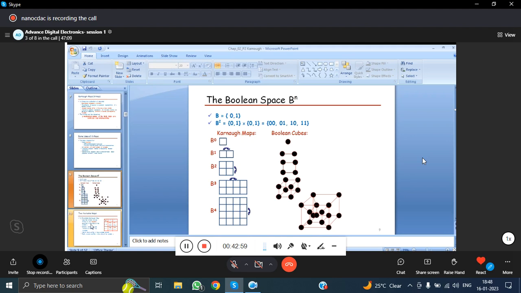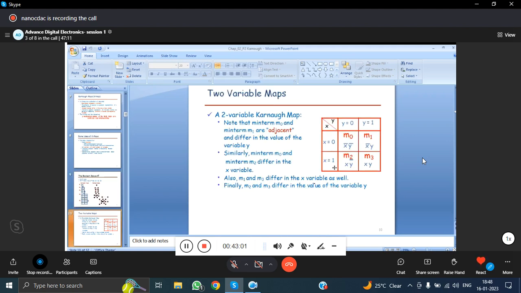Now if we see the 2 variable KMap, the min terms M0, M1, M2 and M3 are the min terms. Min terms M0 and M1 are adjacent to each other, but with different values.